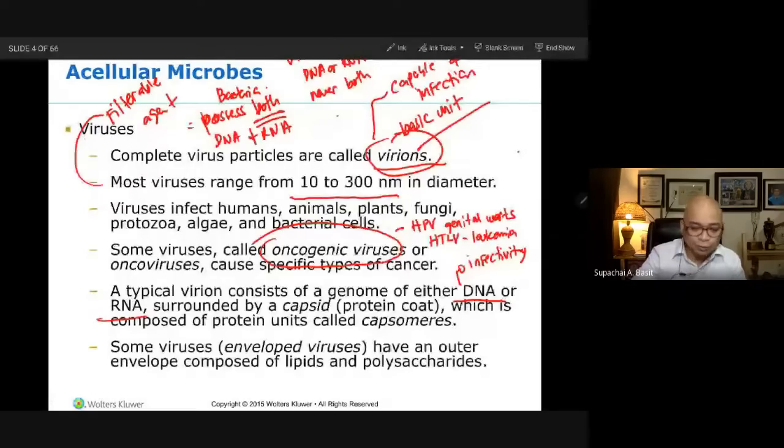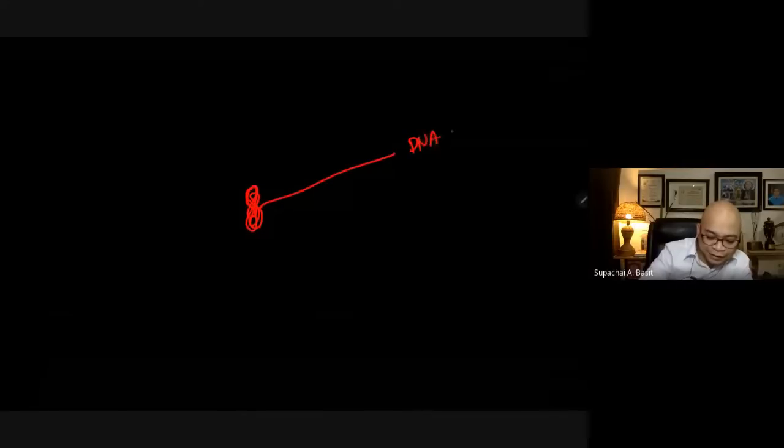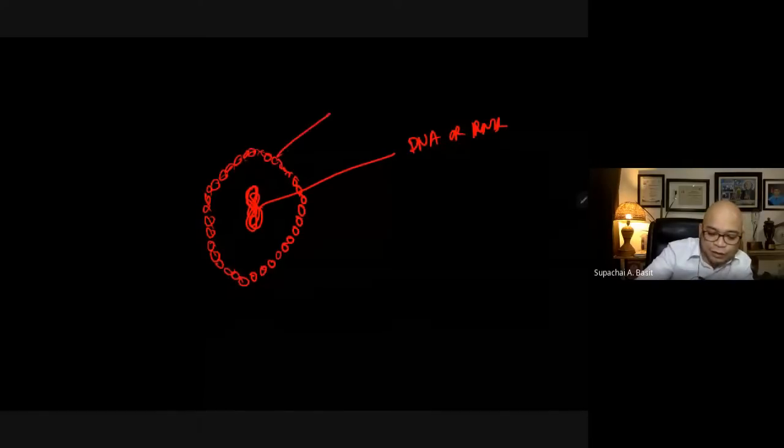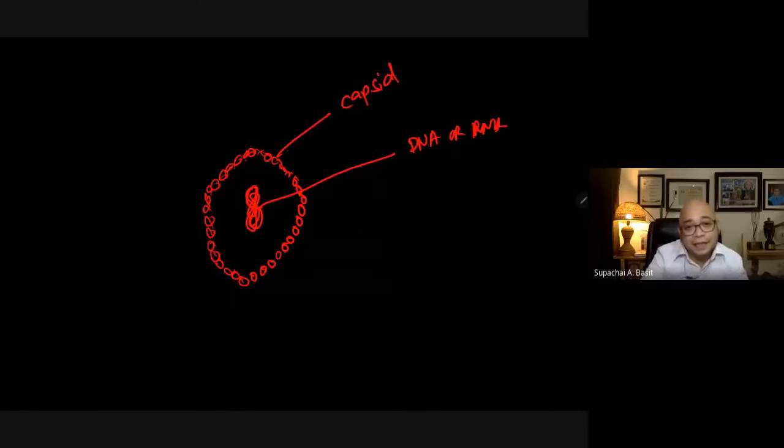Now, if we're going to draw a virus, for example, this is the nucleic acid, which is either DNA or RNA. The nucleic acid is covered by a protein. This protein is a capsid. The capsid is important because it gives the antigenic property of the virus.